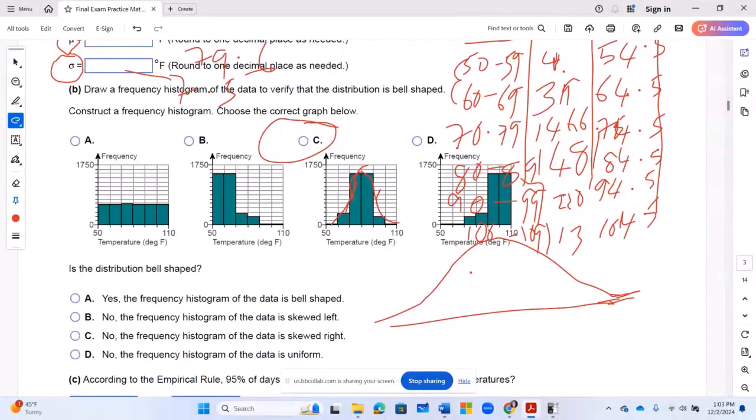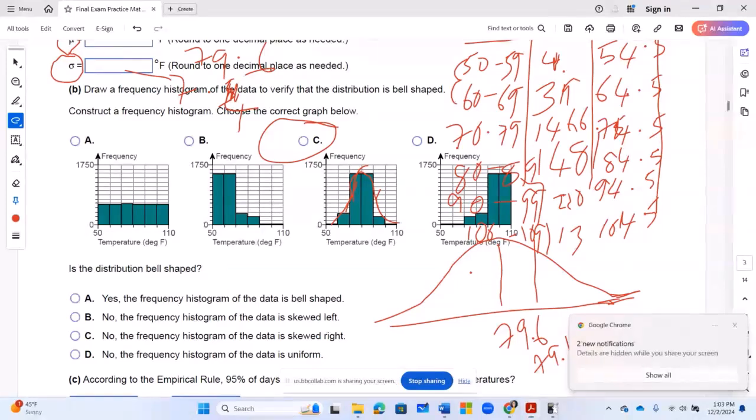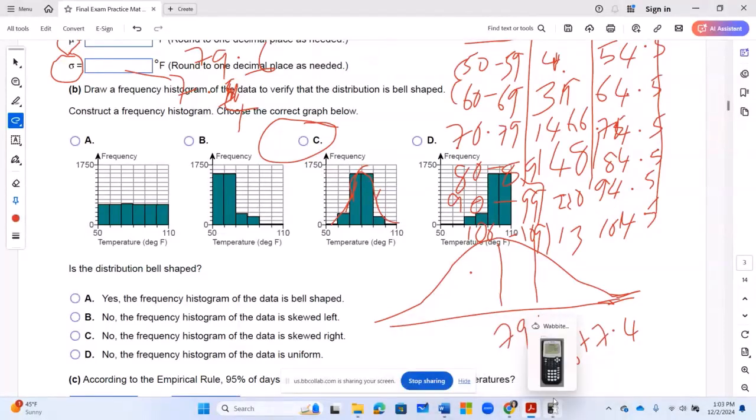The mean is 79.6 and the standard deviation is 7.4. One standard deviation above the mean is 79.6 plus 7.4.